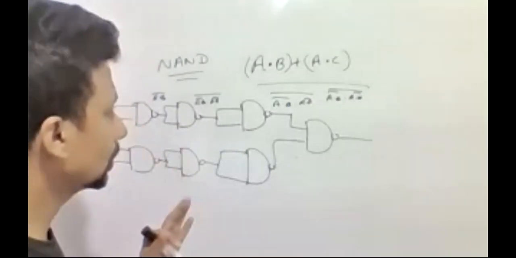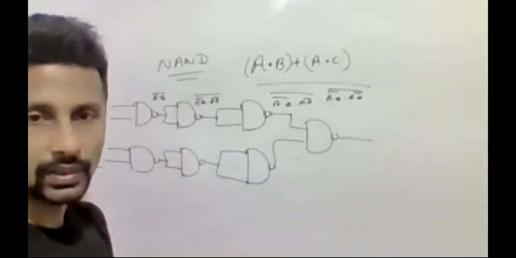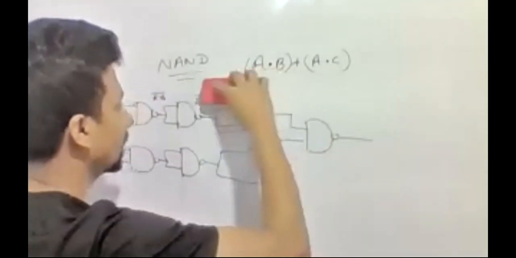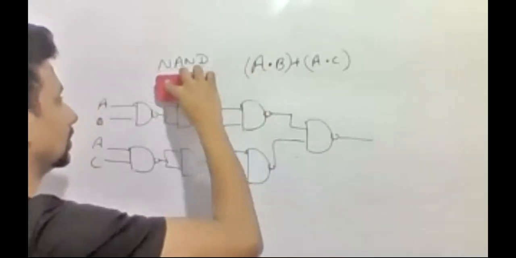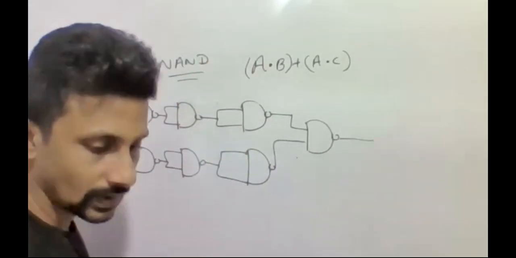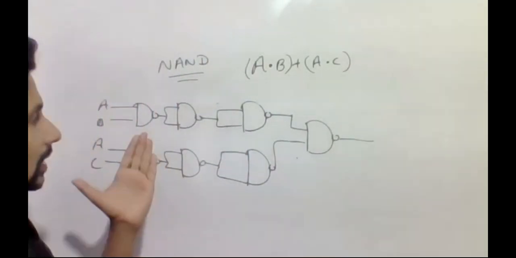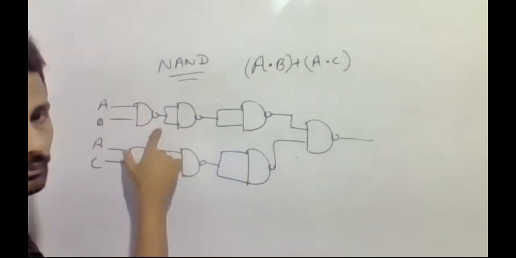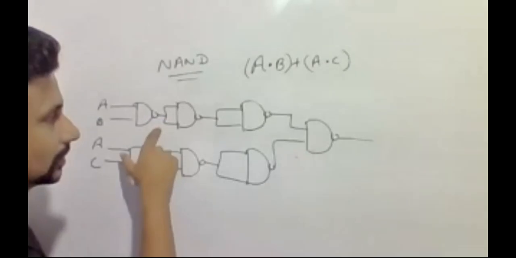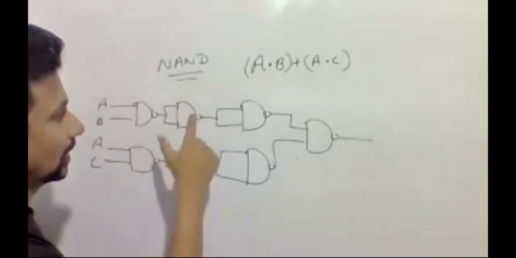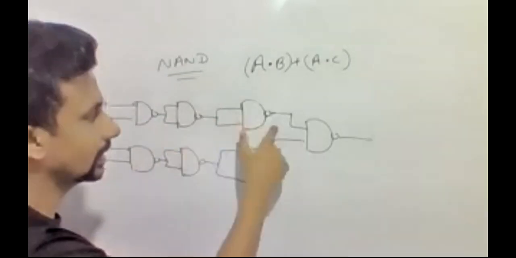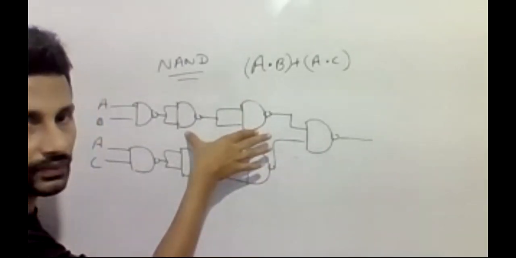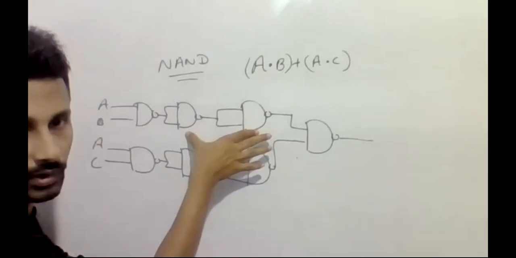So there are some Boolean laws. If you put Boolean laws, I will explain that later. You get the same thing what you are getting here. Suppose if it is x dash, here it becomes x, here also x dash. So we can remove these two without affecting the final output.